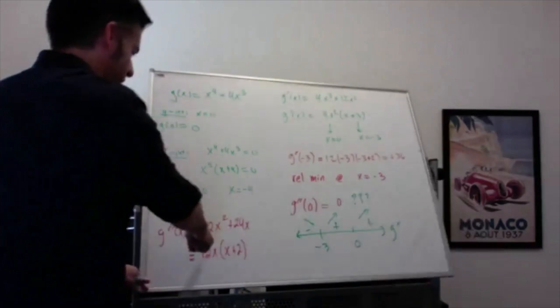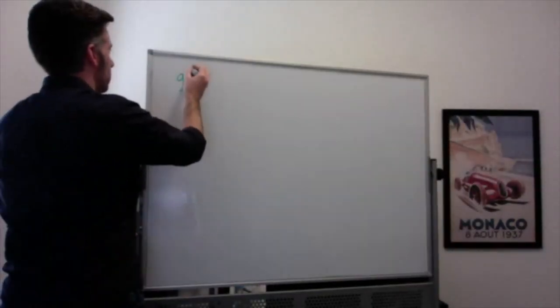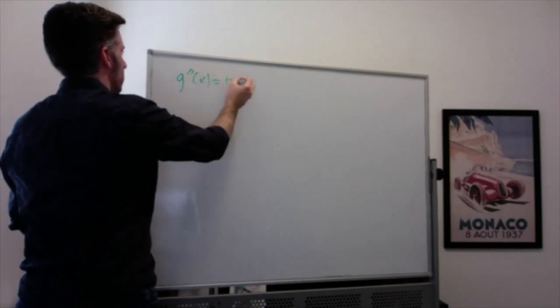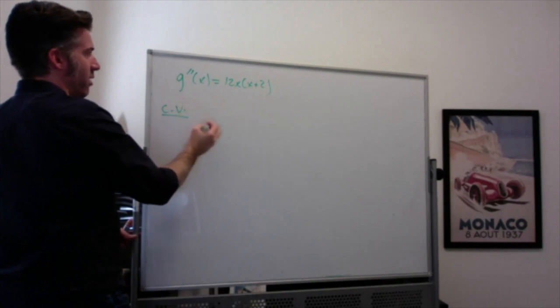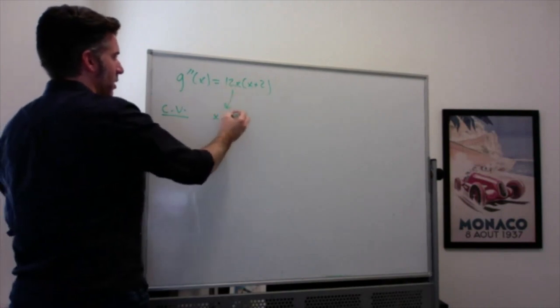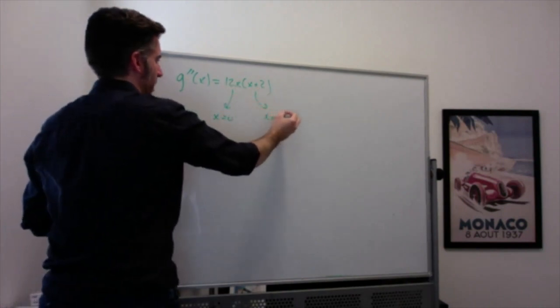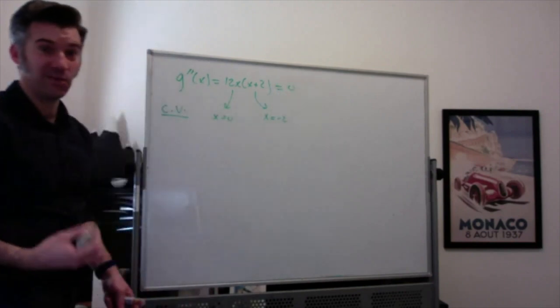So here's our second derivative, 12x times (x plus 2). The critical values for my second derivative are, in addition to x equals 0, also x equal to -2, because those are the things that make it equal to 0.